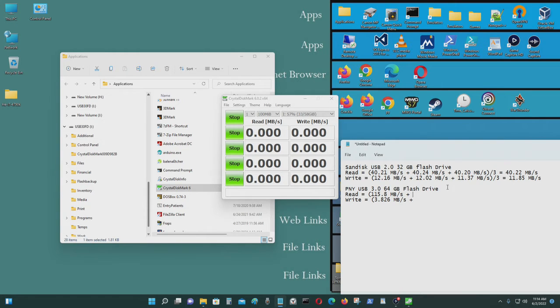Write speed is actually pretty good. The read speed, the write speed was not that great.